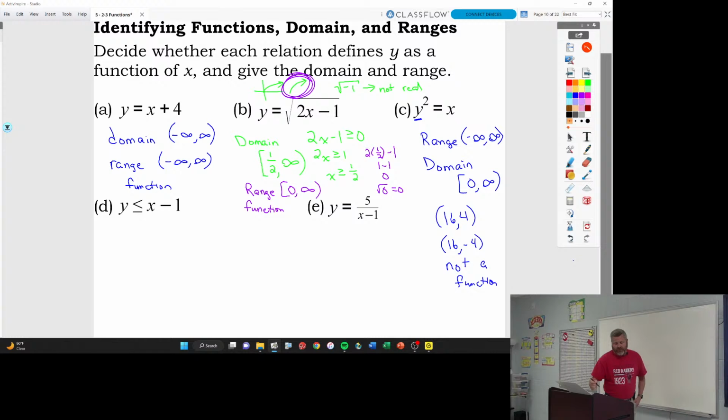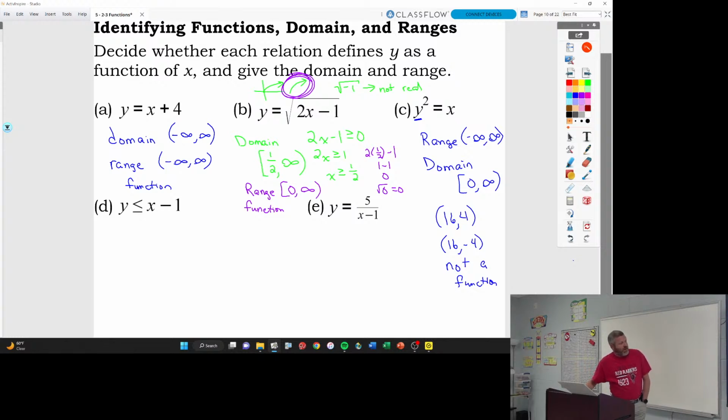Part D. y is less than or equal to x minus 1. By definition, y is a function of x if every value of x leads to exactly one value of y. And if we substitute particular values of x into the inequality, we can get a lot of different answers. x could be anything.